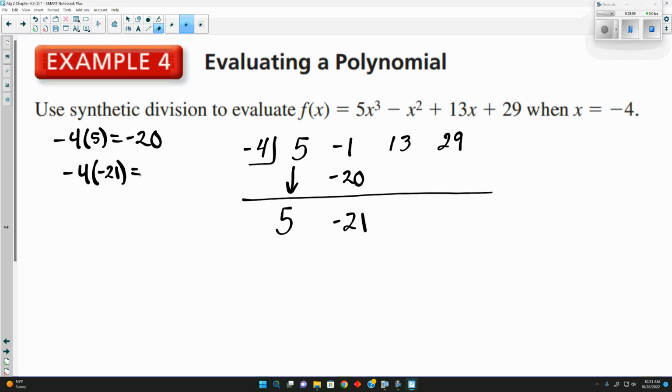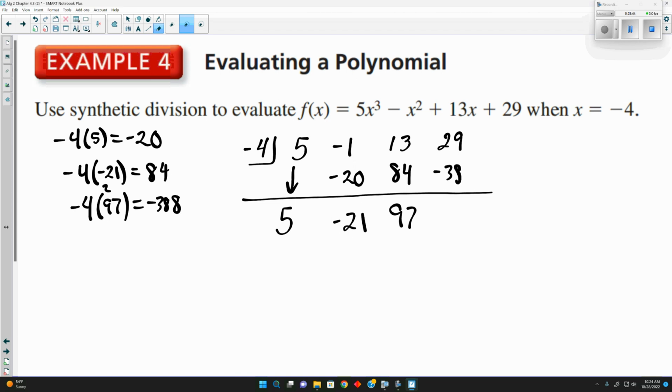Then negative 4 times negative 21. Negative and negative make a positive. 4 times 1 is 4. 4 times 2 is 8. So 84, and we put it right there. 97, yes. And then we do negative 4 times 97. Well, it's going to be negative. 4 times 7 is 28. 8 carry the 2. 4 times 9 is 36, plus 2 is 38.